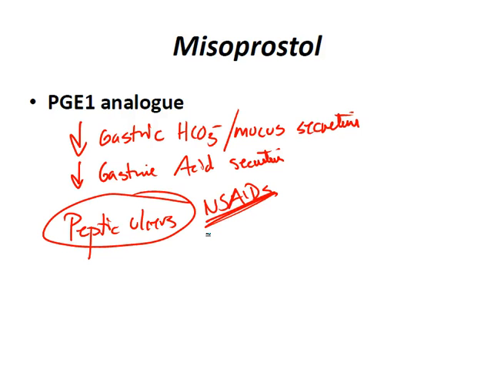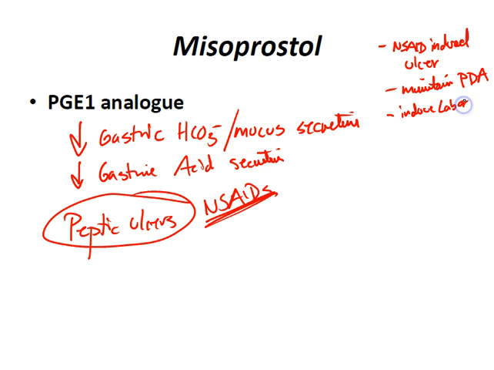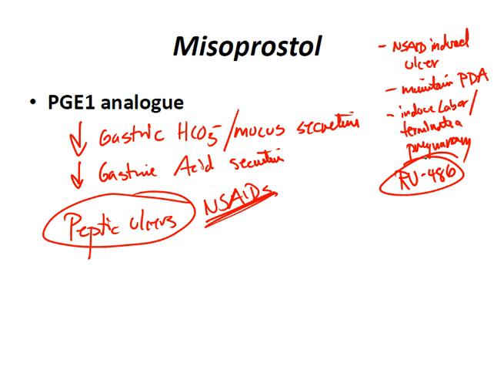It can also be used to maintain the patency of the PDA. So besides the NSAID-induced ulcer, you can use it to maintain PDA, or you can use it to induce labor or terminate pregnancy, when administered with RU486, if I'm not mistaken, which is a competitive inhibitor of what?